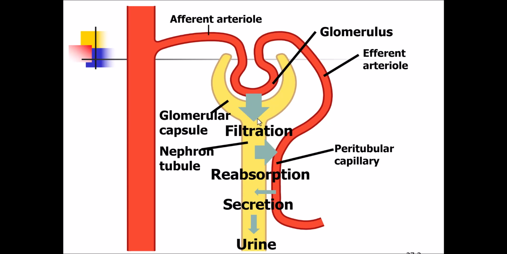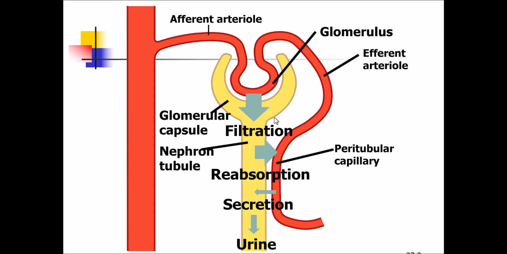Recall from our cardiovascular blood unit that you only have 4 to 6 liters of blood. And if we say that plasma is about 50% of that volume, you only have 2 to 3 liters of plasma total. And yet I'm telling you that 150 to 180 liters of plasma are filtered every day.